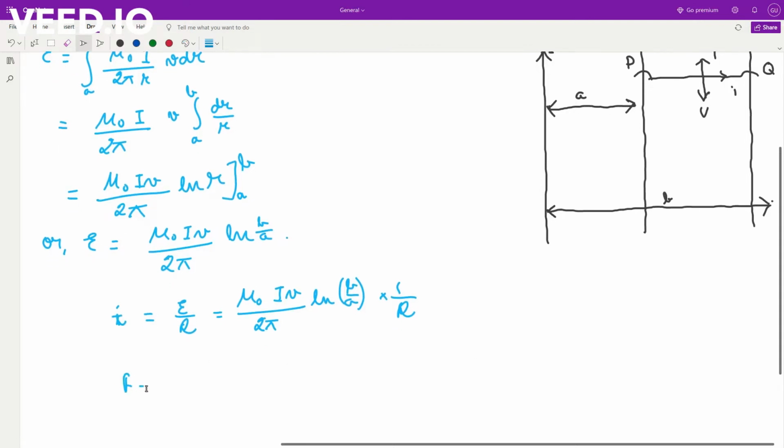Now finally we have to calculate the force acting on this rod, and we know F is equal to BIL, and here B, that is the magnetic field, is mu naught I by 2 pi r, and i, as we have calculated above, we can put the value later on.